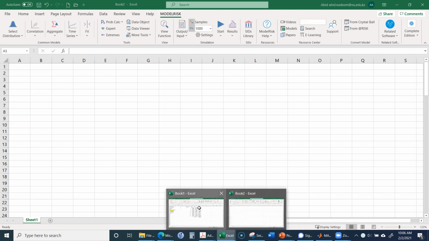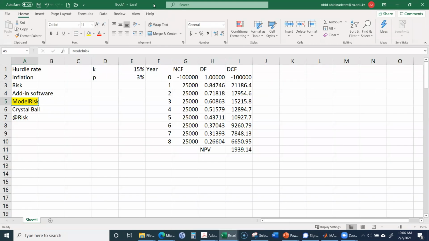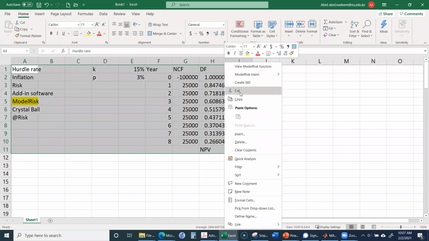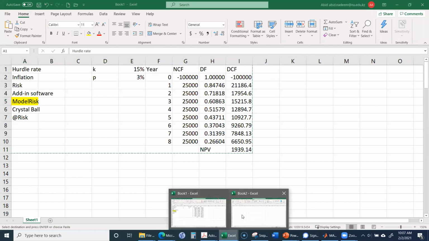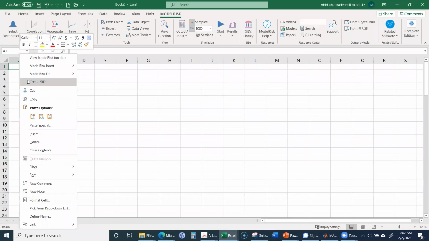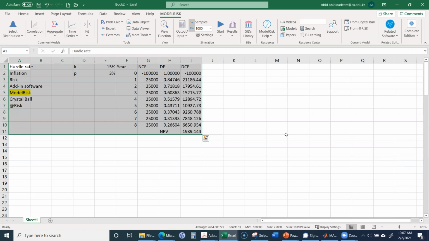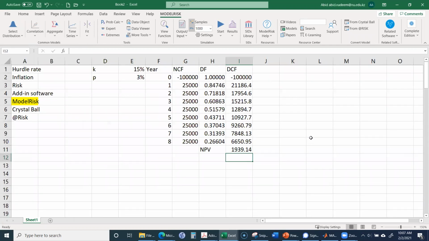In my Excel file, it is not showing over here. Anyway, I can copy this data into a new Excel file. Okay, so here I have this data now, and I'm going to use ModelRisk.